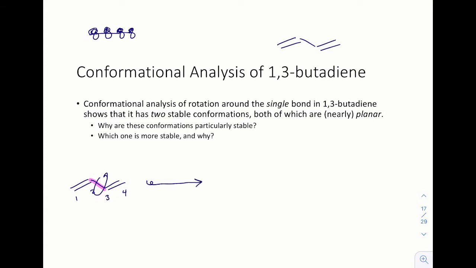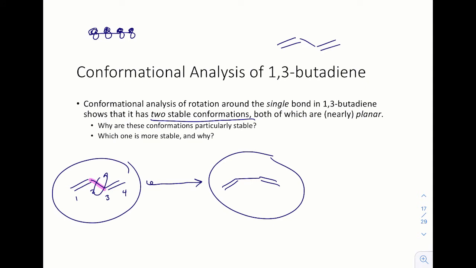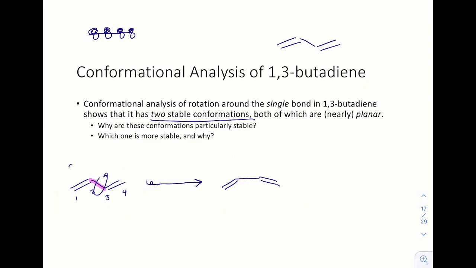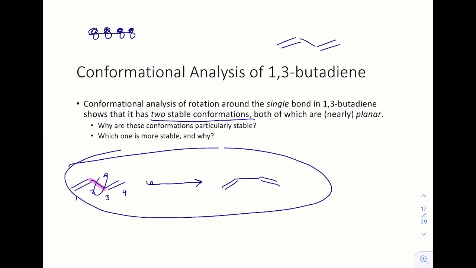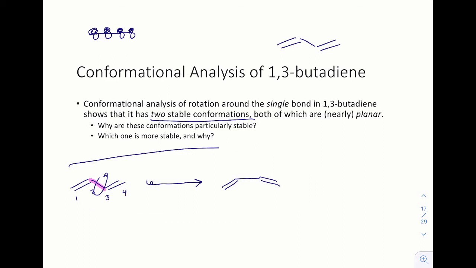However, there are 2 stable conformations, both of which are nearly planar. Well, actually, this one is planar and this one is nearly planar. First of all, why are these the only 2 lowest energy conformations? And then secondly, which one is more stable and why?